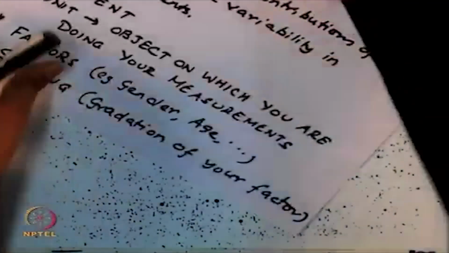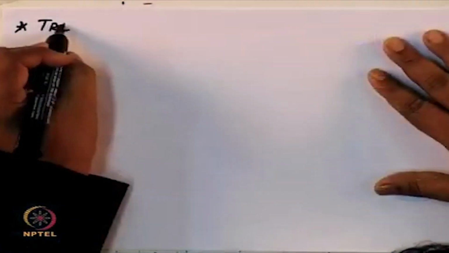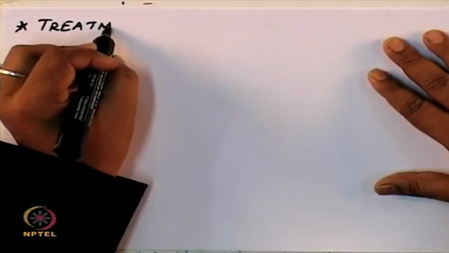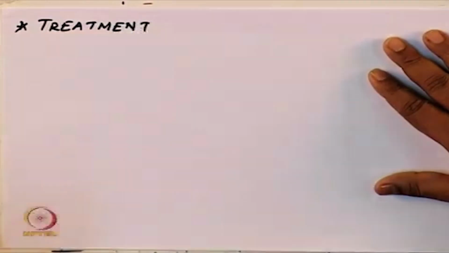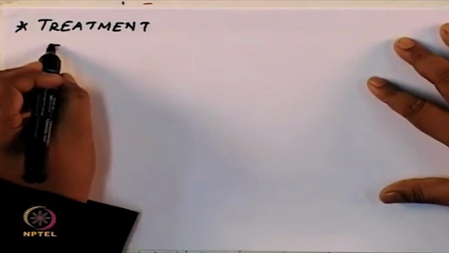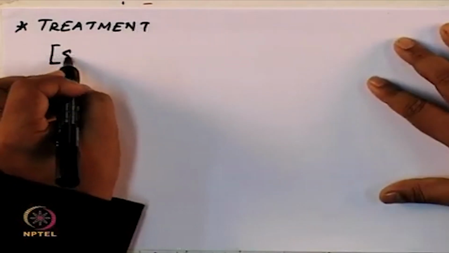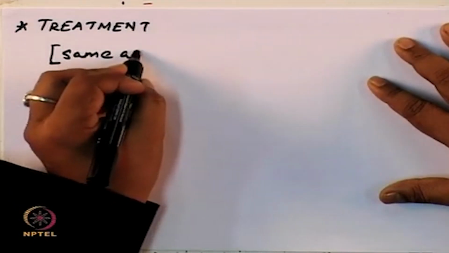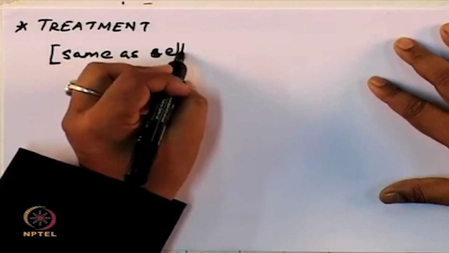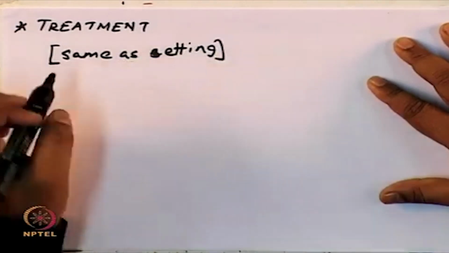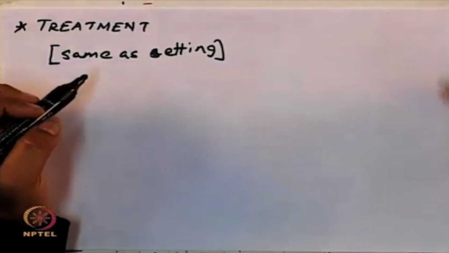Okay. So, you also have something called treatment. Sometimes it can be the same as the setting. Let us say your setting is just men versus women, or gender. In that case your treatment is the same as your setting.